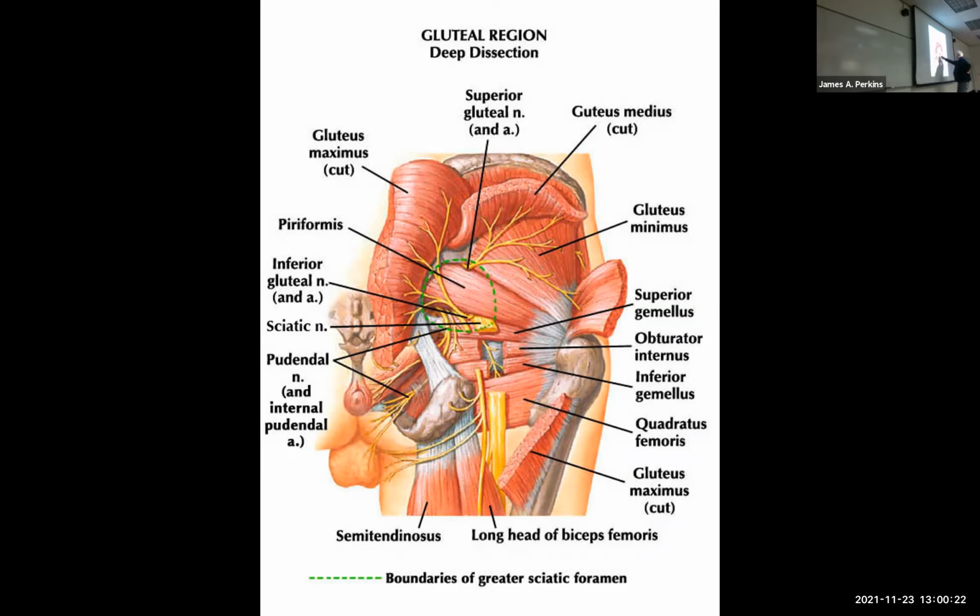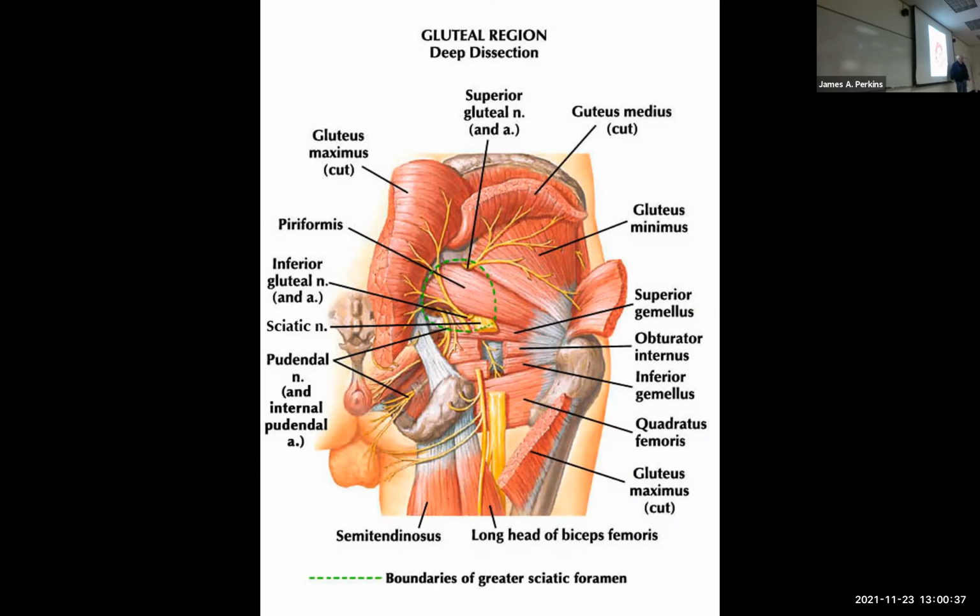Of course, all of that's happening inside the pelvic cavity. By the time we see the sciatic nerve, it's already joined together into one great big nerve and exits the greater sciatic foramen and then continues all the way down into the thigh, eventually to a point just a little bit above the knee. And then it splits.